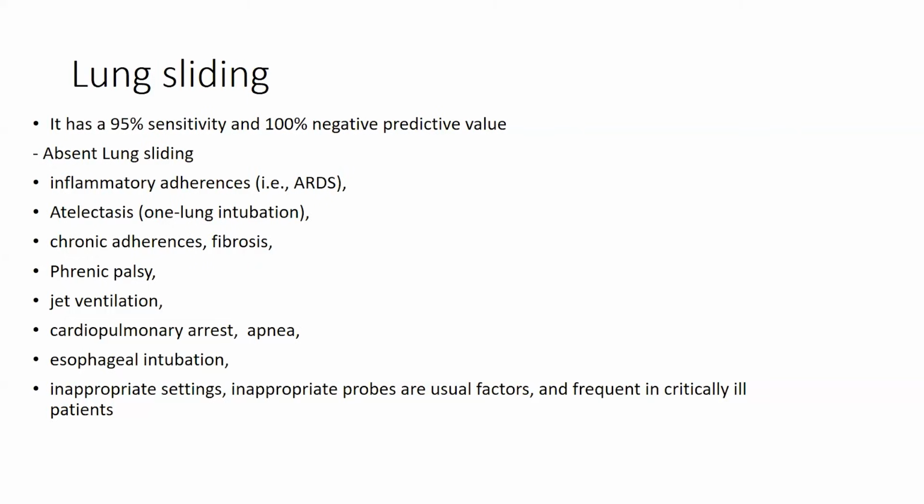There are inappropriate settings, some inappropriate probes, frequently in critically ill patients, and there can be multiple reasons for absent lung sliding. Important to understand is that if there is lung sliding present, then it has a 100% negative predictive value for pneumothorax. So if your lung sliding is present, you are sure that there is at least no pneumothorax.